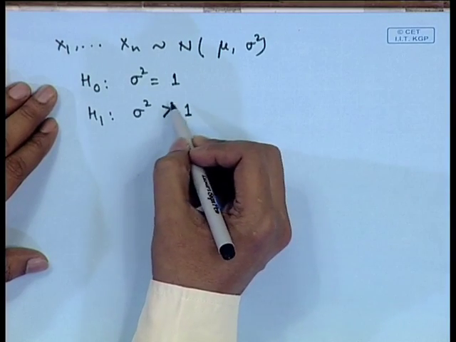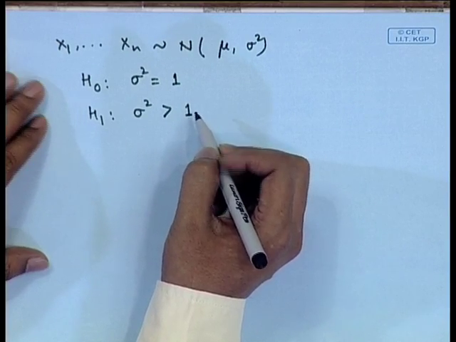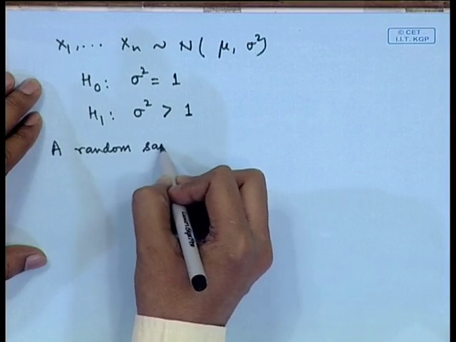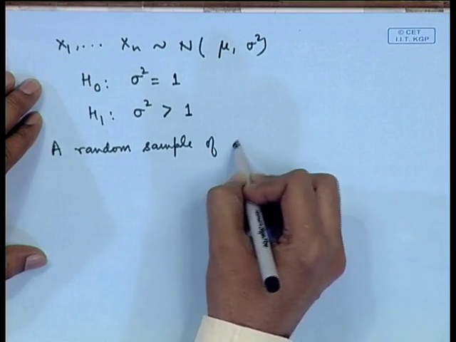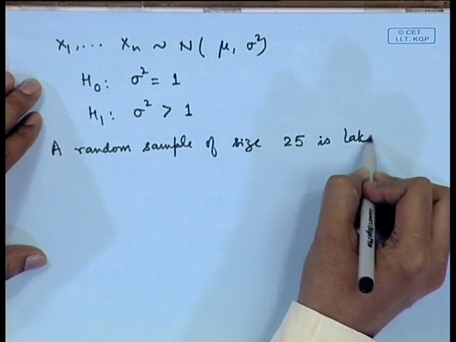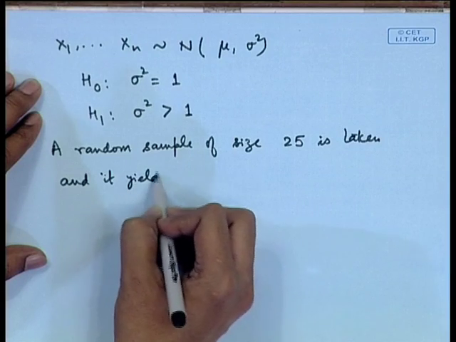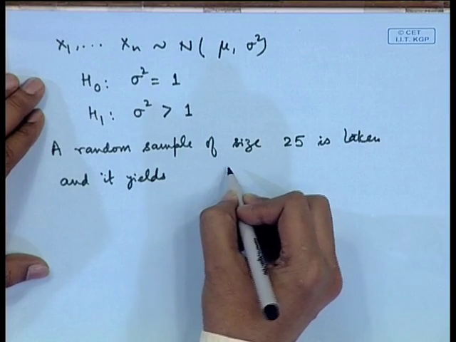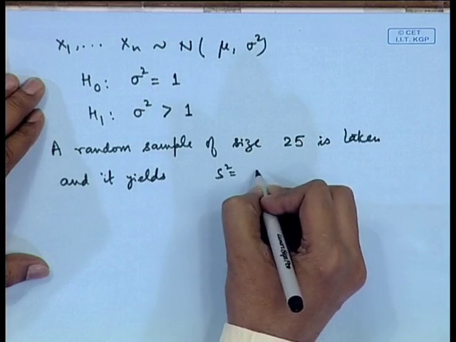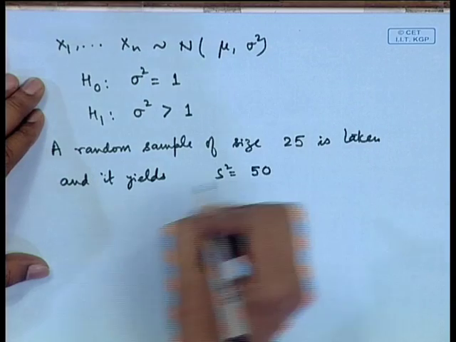So, we want to test the hypothesis whether the sigma square is equal to 1 against sigma square is greater than 1. So, a random sample of size 25 is taken and it yields S square equal to 50.